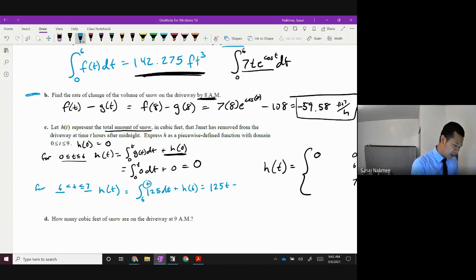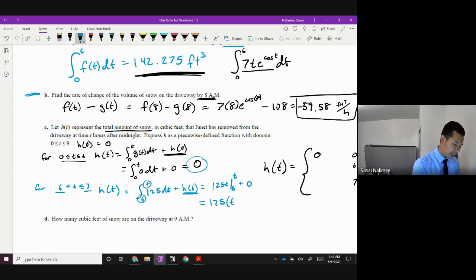We have to plug in these values for T and 6. So it's technically 125 times T evaluated from 6 to T, plus 0, because H of 6 is equal to 0 still, since that's what that function was. Now when you plug this in, this will be 125 times T minus 125 times 6.